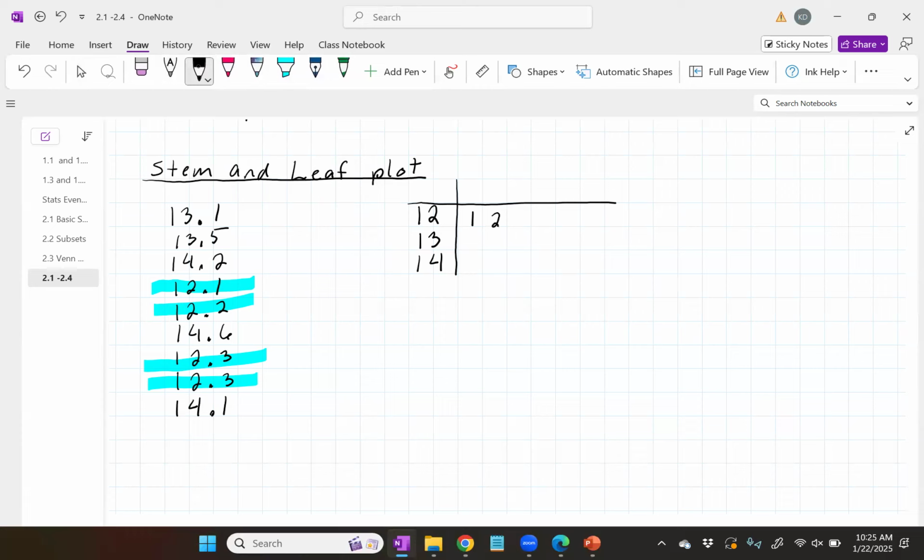I have a 2, a 3, and a 3. So if a number is listed twice, you write it twice for its leaf. So if we were to look at just the chart itself, it tells us we have 12.1, 12.2, 12.3, and 12.3.